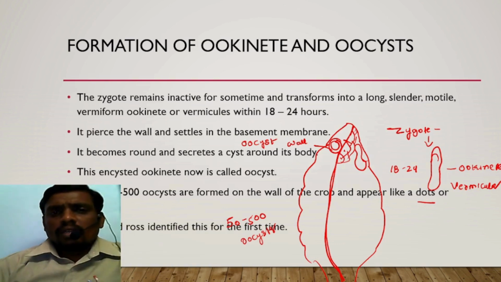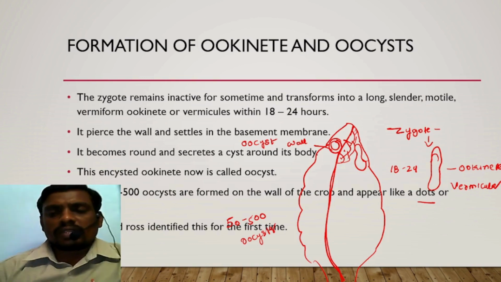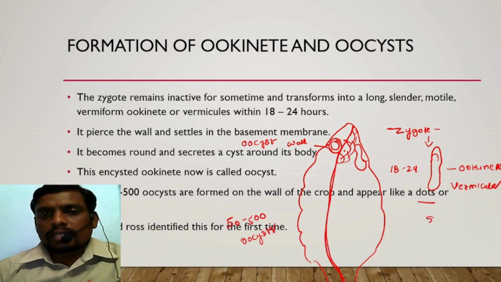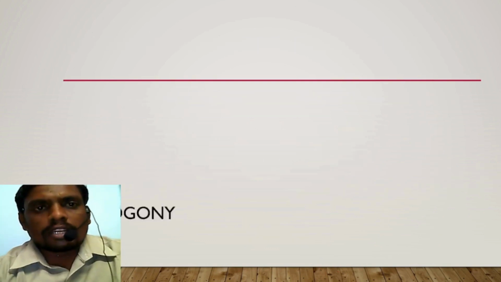One important question: these oocysts were first discovered by a scientist called Sir Ronald Ross.